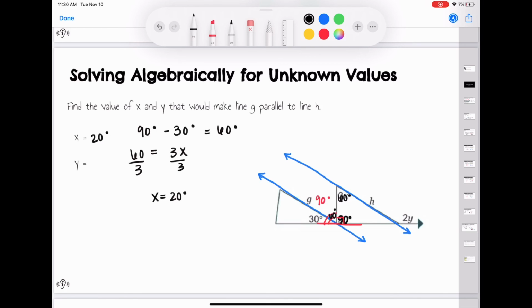Now let's look for y. Here we have y. Well, we can see that y is actually equivalent to this angle right here.